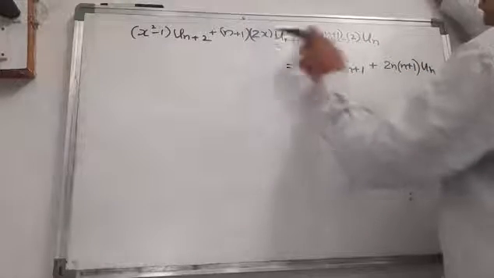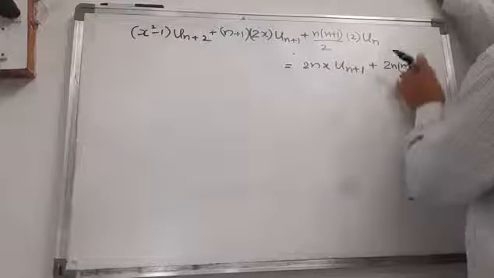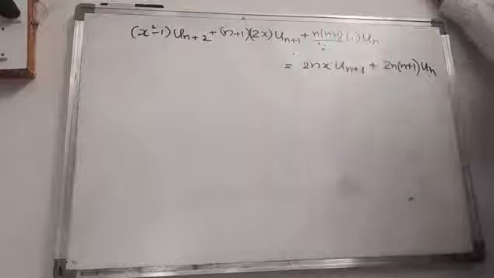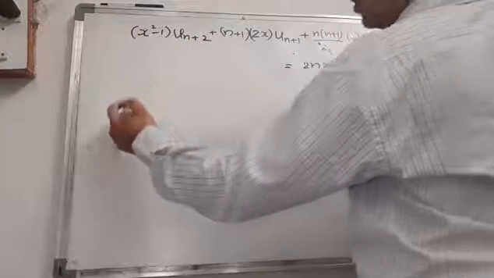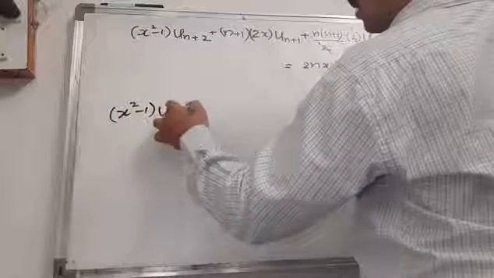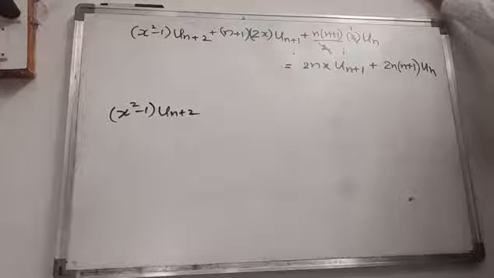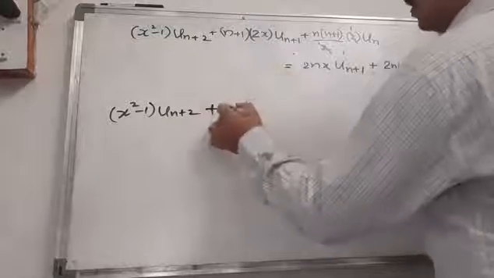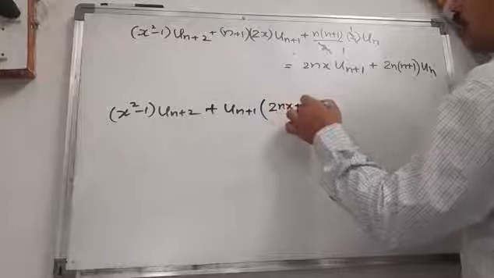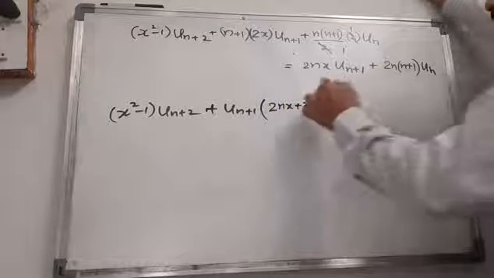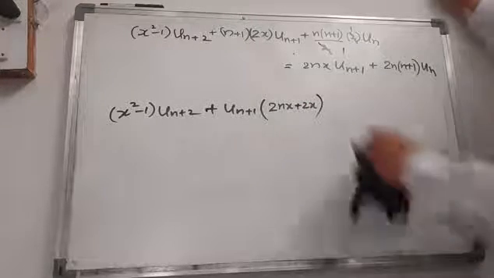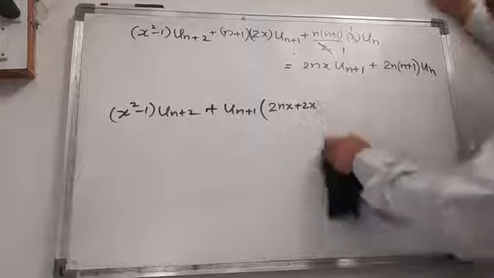Now bring all u_n terms together, u_(n+1) terms together, u_n terms together. All you bring together. So what will you get here? These two get cancelled. So what you will get here is (x square minus 1) into u_(n+2) as it is, plus u_(n+1) you take common, of 2nx plus 2x, here minus 2nx.